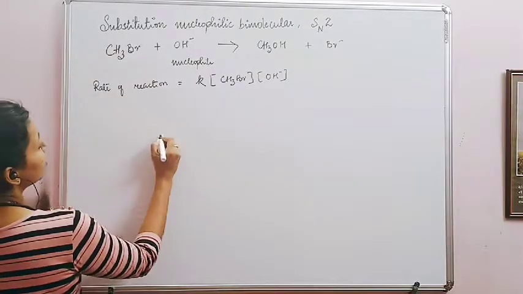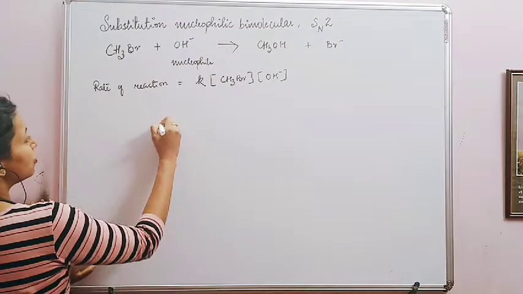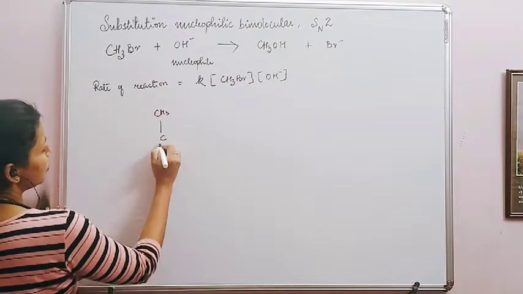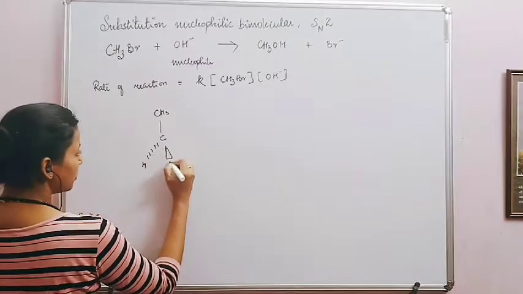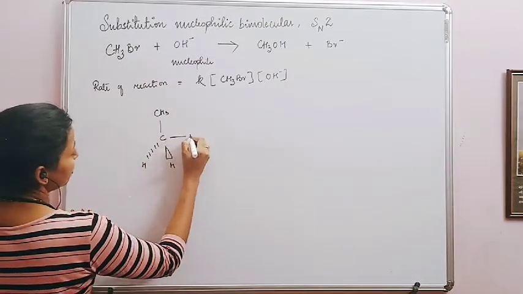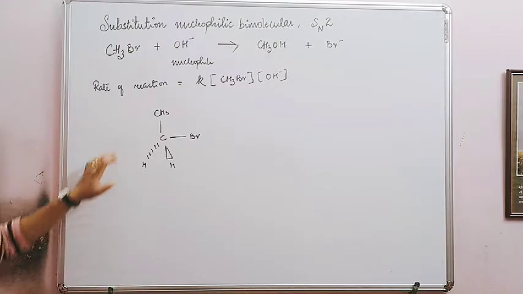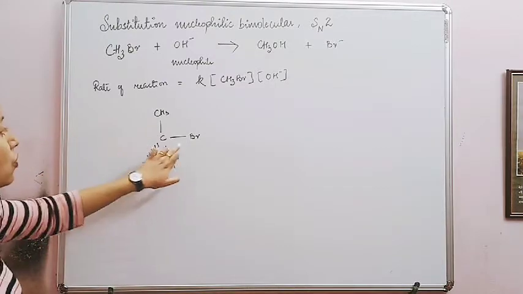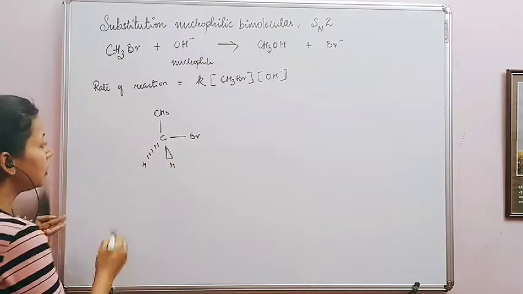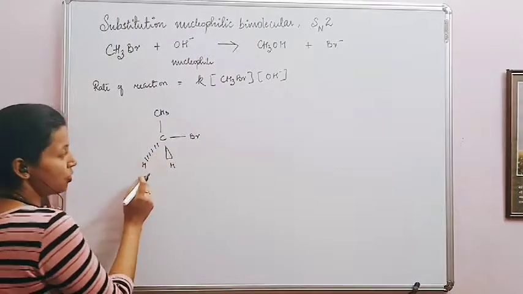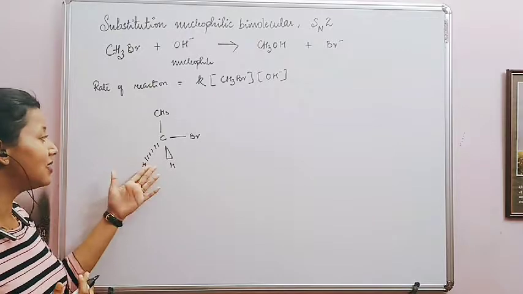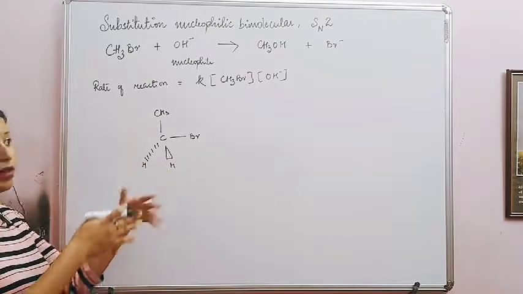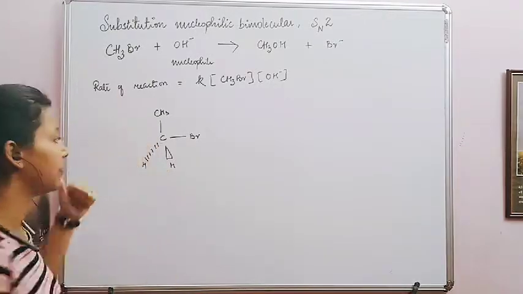So this time I'll choose ethyl bromide, and we will write the three-dimensional structure. CH3CH2Br. This is ethyl bromide. This is the dashed bond. We know that the dashed bond represents that this hydrogen is behind the plane.